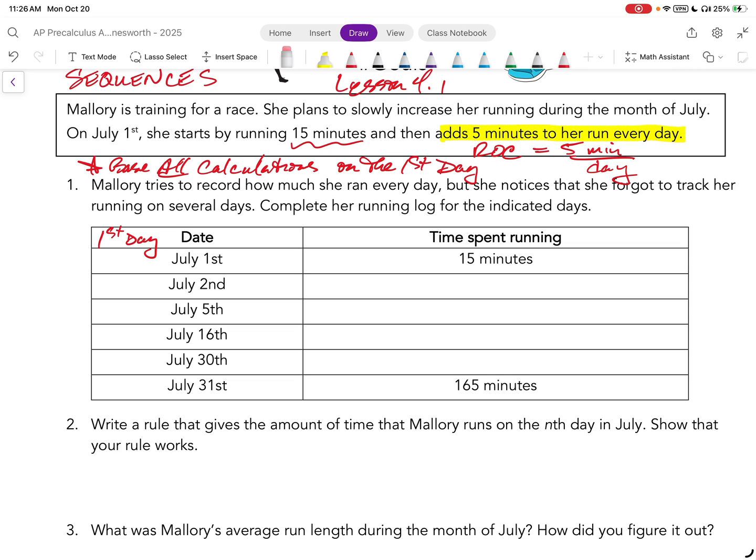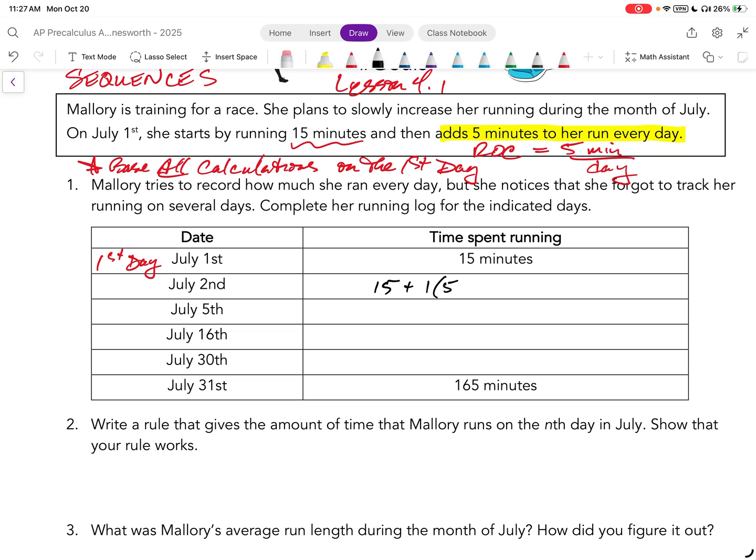Here we go. Just notice I put that in the wrong spot. So put down here, July 1st, first day of the month. Now she started off with a 15 minute run, and then the next day, July 2nd, she runs 5 minutes more. So put down the method here: 15 plus 1 day at 5 minutes.